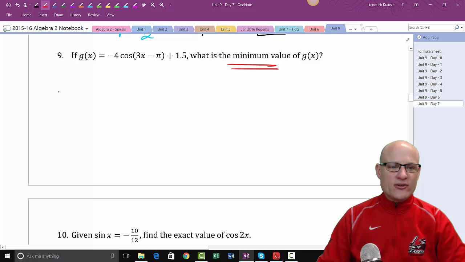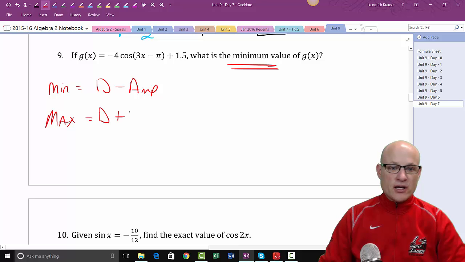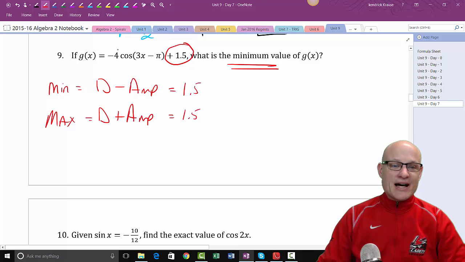minimum is defined as d minus amplitude. Maximum is defined as d plus amplitude. So d is 1.5. It's this number right here. My amplitude is not -4.